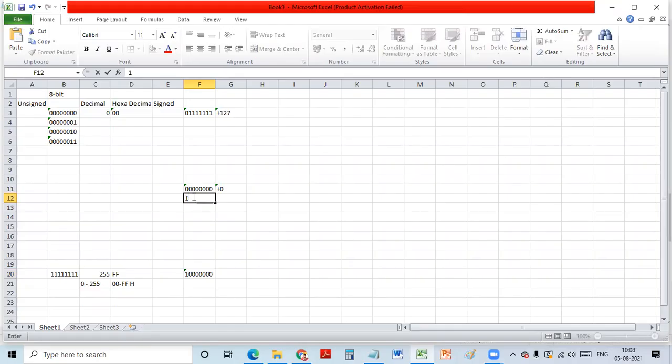Sorry, sign magnitude we are talking about, so for magnitude we don't take the complement. Negative maximum will be sign bit 1 with magnitude all ones. So this is minus 0, and this is minus 127.